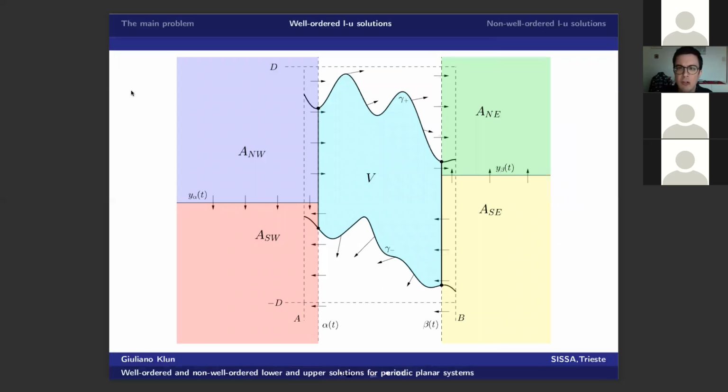In the case in which these functions are only continuous, the two lines y alpha and y beta become two half strips, and not a line, that we call A east and A west, and we have to assure that this condition on the field remains valid not only on a line as here, but on all the points of the boundary of these strips. But the result is achieved analogously.